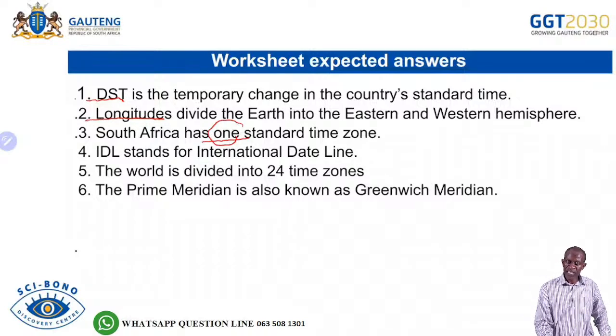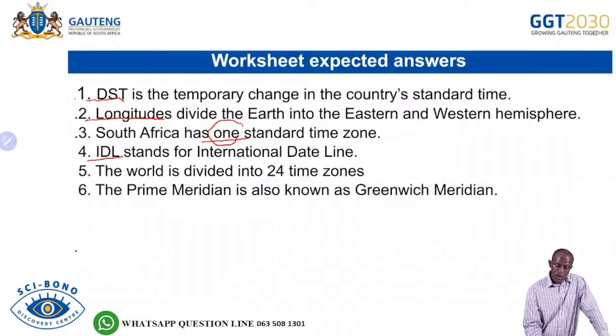This stands for International Dateline. That would be your question 4, and it's the IDL, or an alternative answer to that would be the 180 degrees longitude.